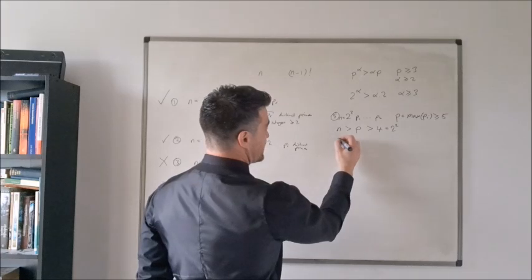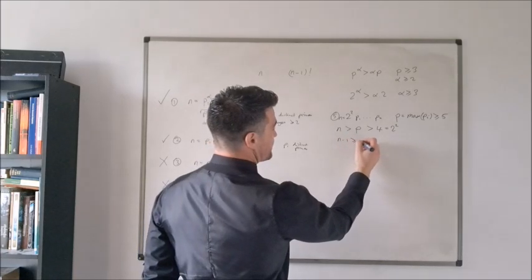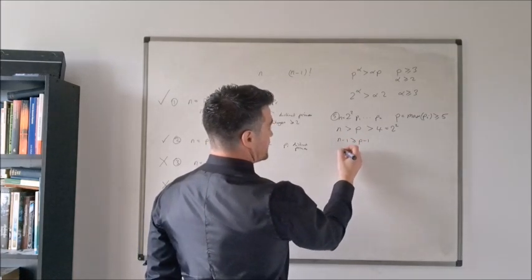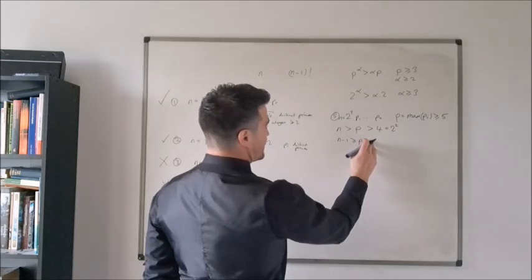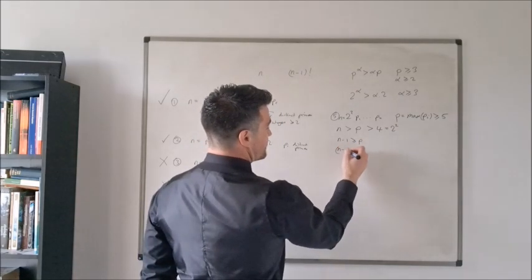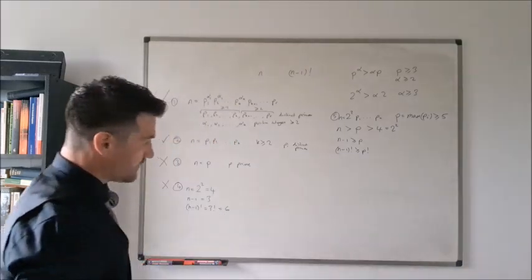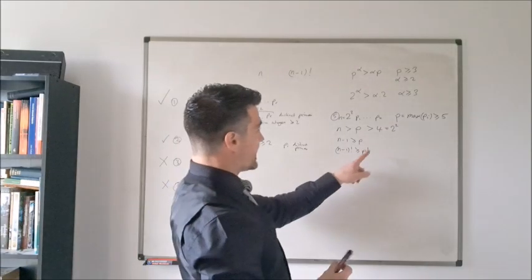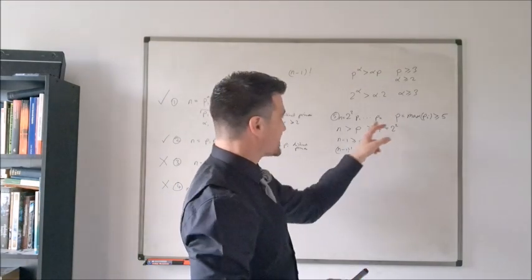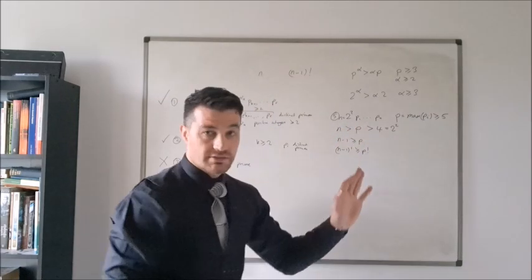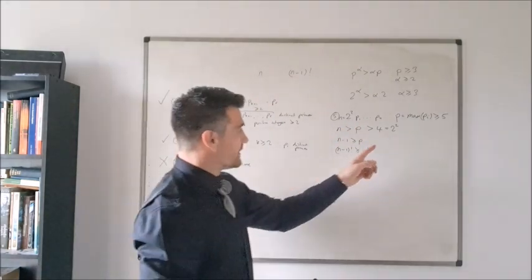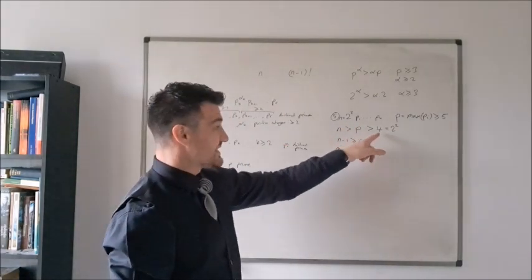So if n is greater than p, that means that n minus 1 is greater than or equal to p minus 1, is greater than or equal to p. Therefore, n minus 1 factorial is greater than or equal to p factorial. So, again, p is the maximum of the pi. The fact that it's greater than or equal to 5 allows me to say this.